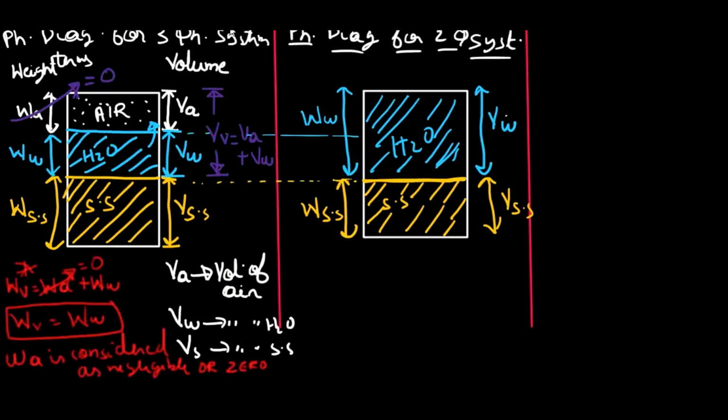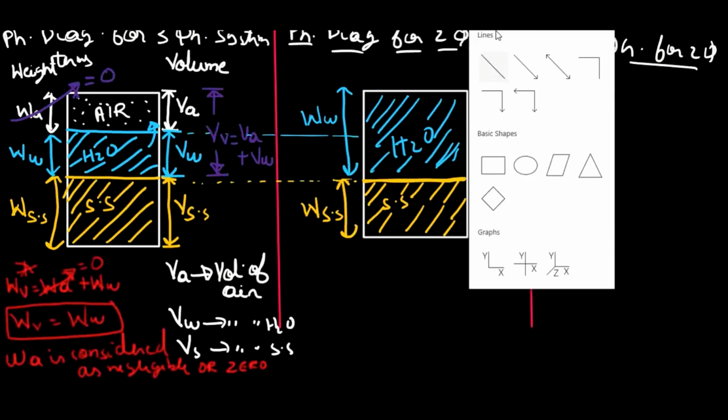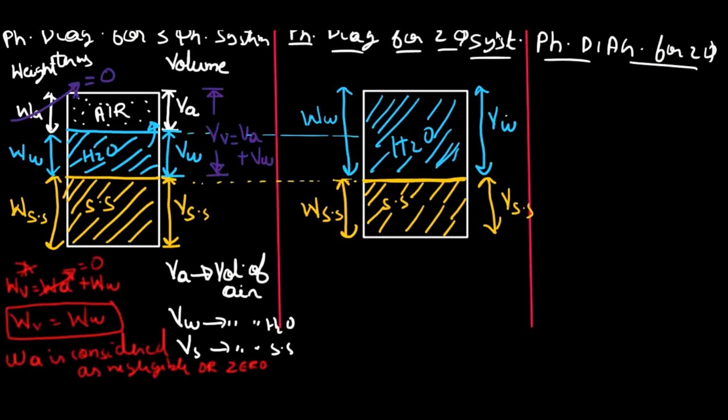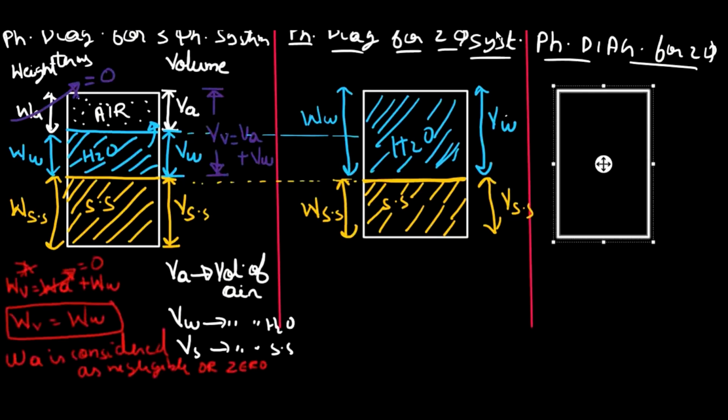Now let's proceed with the last case, the phase diagram for a two-phase system. In this case we have soil in dry condition.